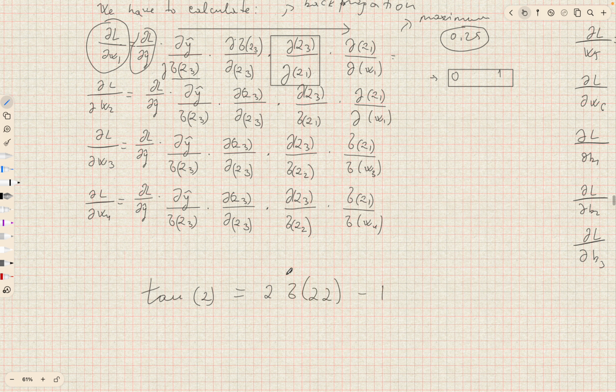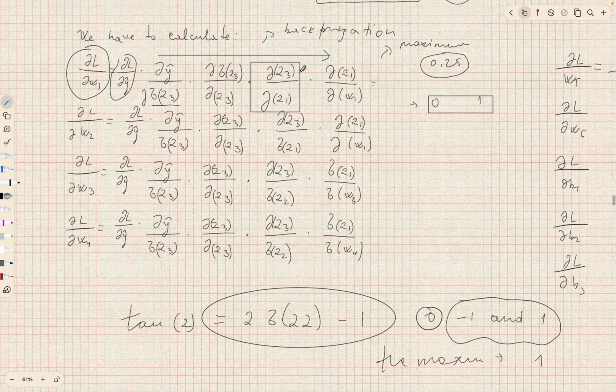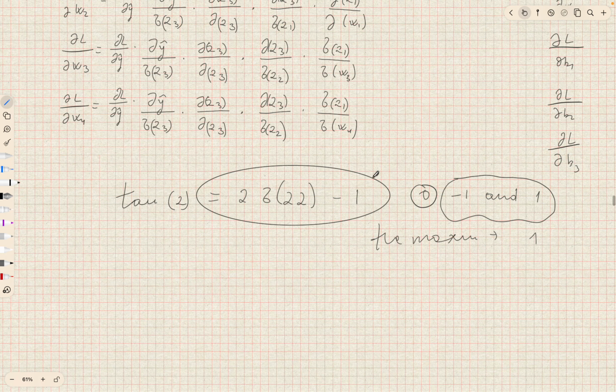And this is great, and the maximum derivative that it can give us is 1, so way better than sigmoid. So it will mitigate the problem of vanishing gradient, and also it will not force any direction in our gradient chain, which is great.